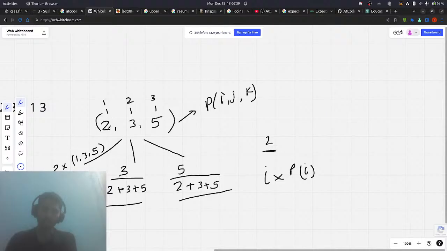Similarly, in the case of one pile of 1 sushi, it will be 2 into the probability that we have taken from a pile of 1, right?